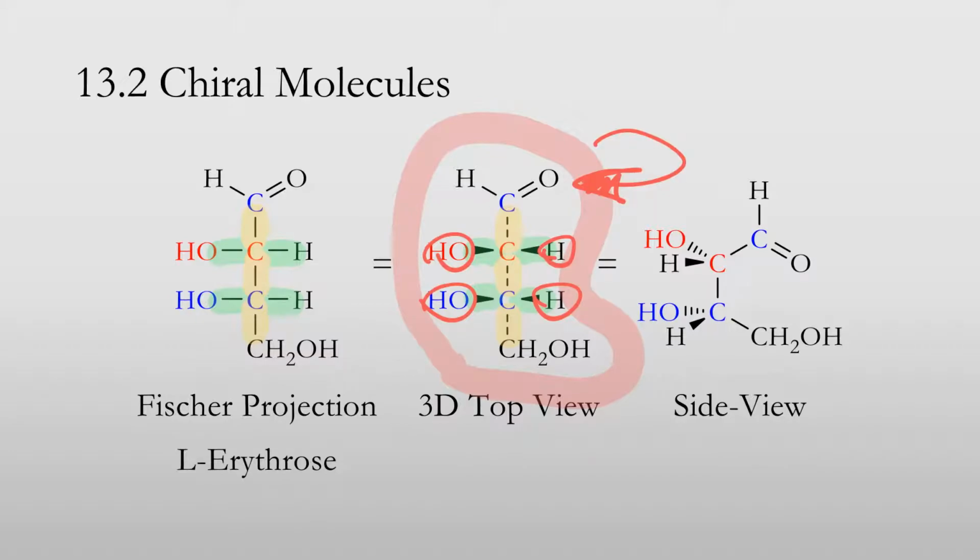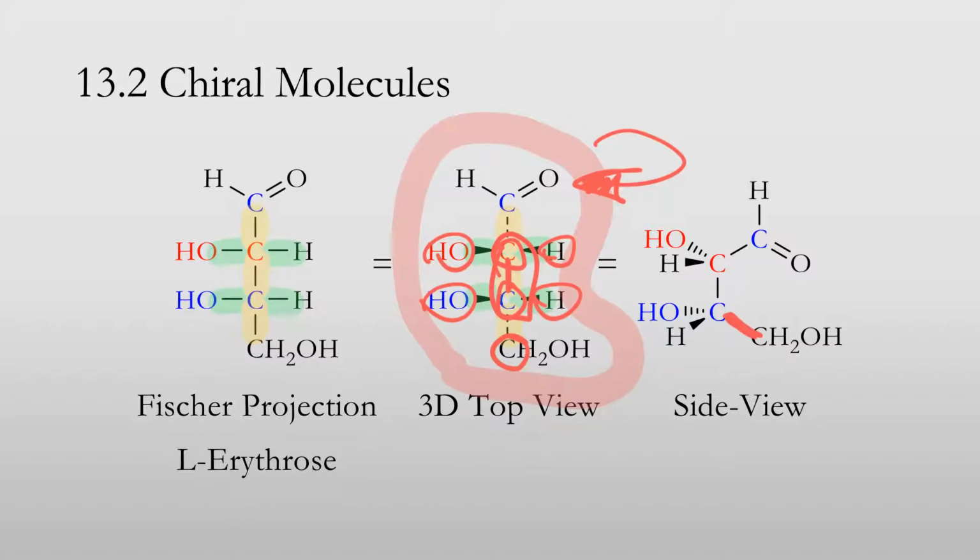Okay, and so you can see, since this carbon is in a vertical line with this carbon, it's essentially behind it, as you can see right there. And then between these two carbons, it's in this way above it, but if you were to, let me see if I can do this.